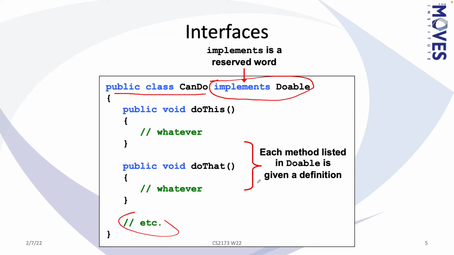Rather than list them all, it presumes those are listed somewhere. But as it sits right now, the compiler would complain, hey, you haven't implemented some of the methods in the interface. So this will give you a red squiggly, red complaining.